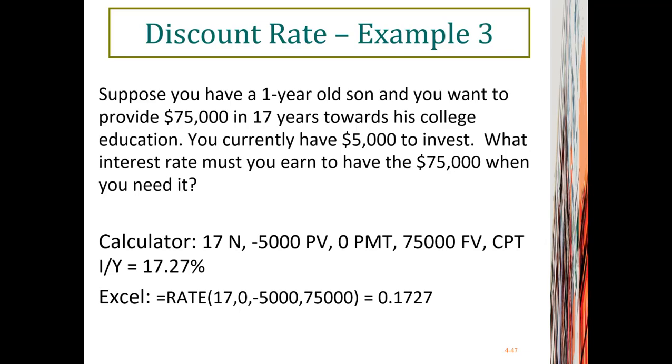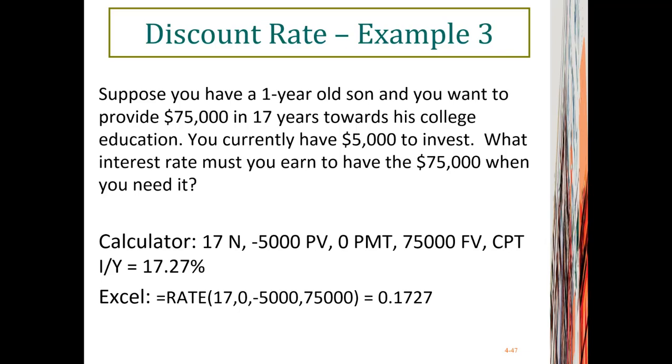Suppose you have a 1-year-old son and you want to provide $75,000 in 17 years towards his college education. You currently have $5,000 to invest. What interest rate must you earn to have $75,000 when you need it? And this is another example in calculating implied interest rate. On a calculator, you can quickly set N as 17, PV as negative 5,000. I mean, here in the question you don't see any negative sign, but you need to figure out the direction of cash flow by yourself.